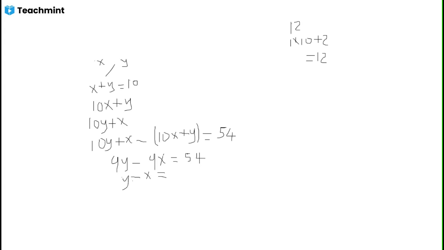So now we have our two simultaneous equations. We have y minus x is 6. Then we have, ile ya kwanza, x plus y is equal to 10. Are we together? I now solve these simultaneous equations. Tell me the value of x and the value of y. Very fast.